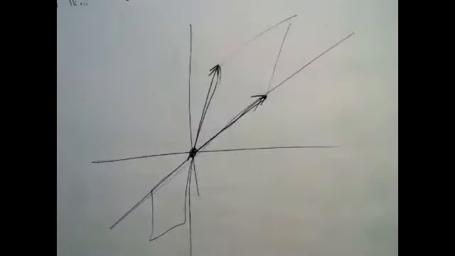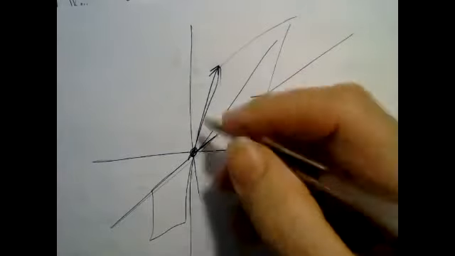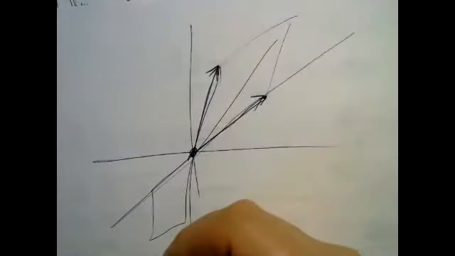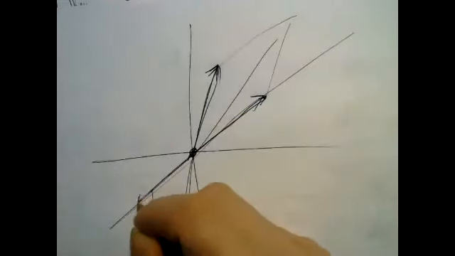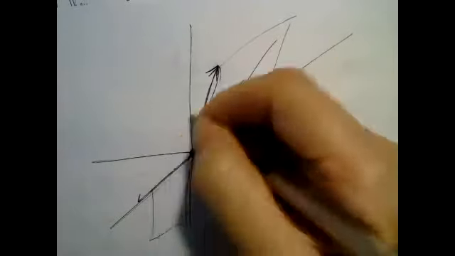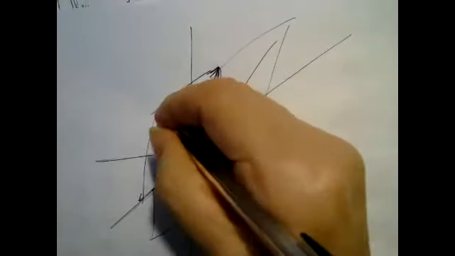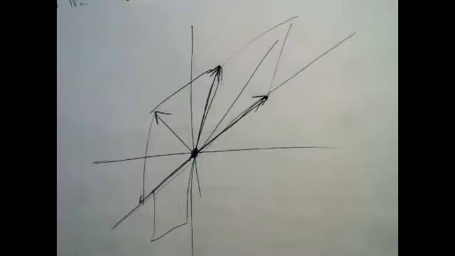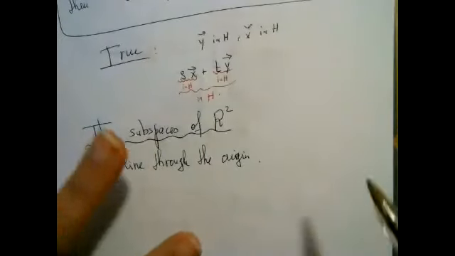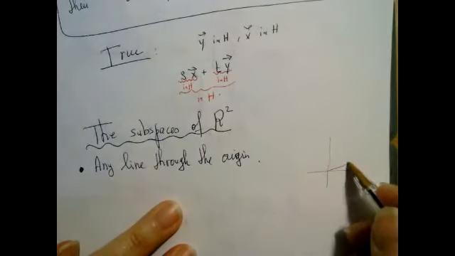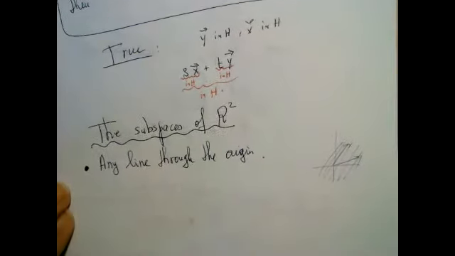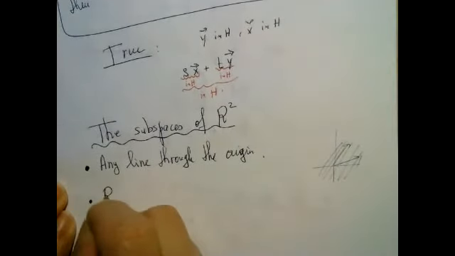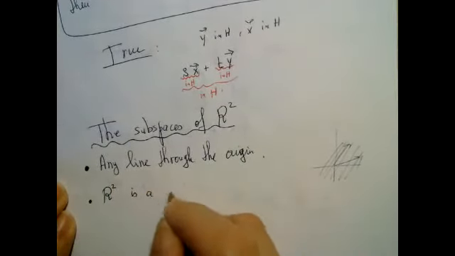Regardless of how you move in the direction of one and in the direction of the other, and you add those, your new vector has to be in H. It means all of R2 will be in H. So another example of a subspace: R2 itself is a subspace.